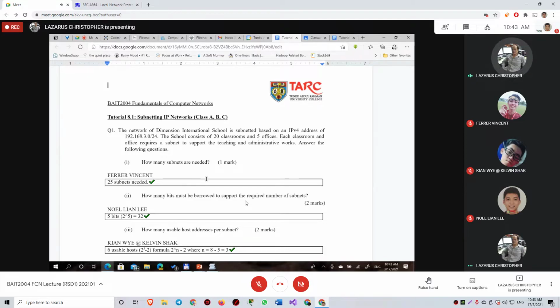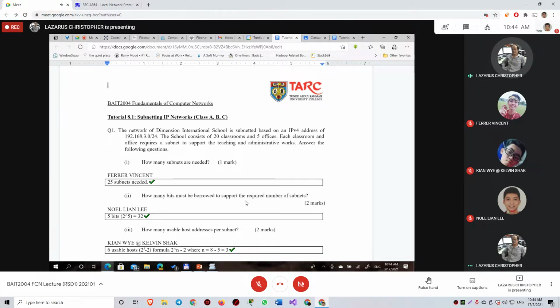Please take note that we borrow bits from the 24th bit onwards, /24, and this is the original network address. The prefix is also very important because it tells you how many bits belong to the network part. If you want to know the subnet mask, just convert all the network part bits into ones and the remaining host bits into 0. Convert that binary into decimal, and you get the subnet mask.